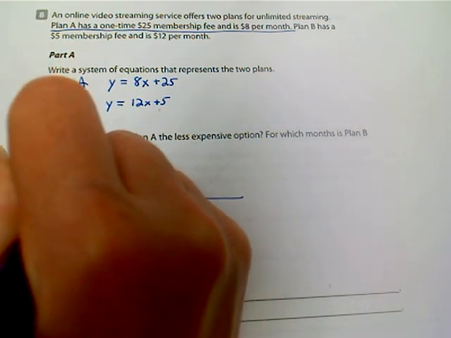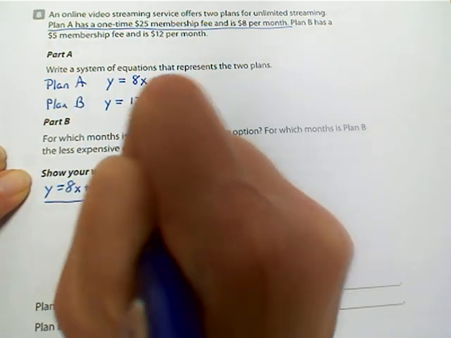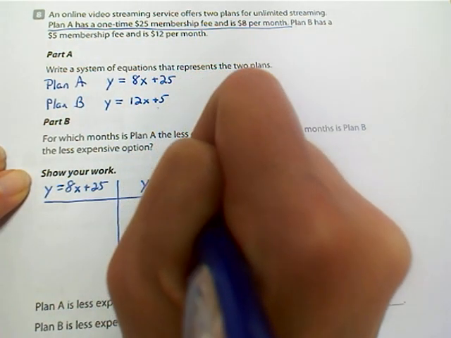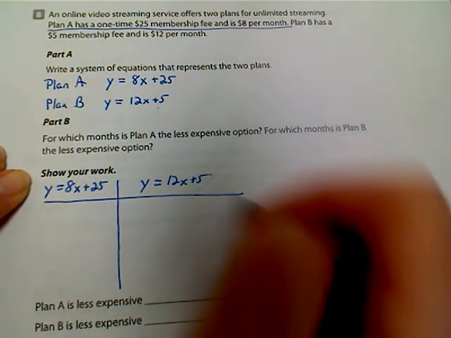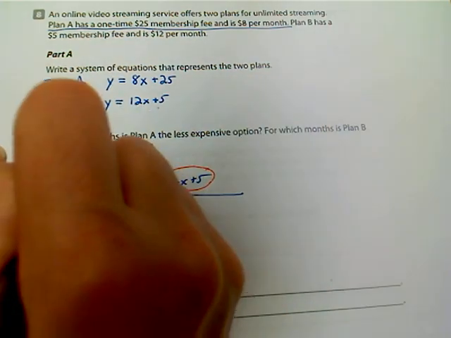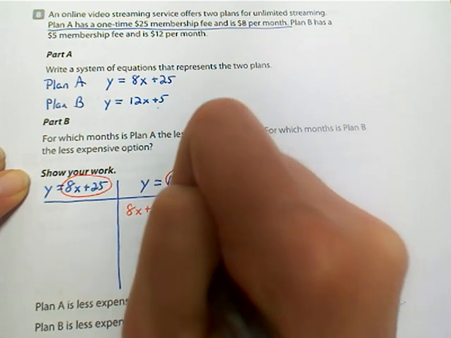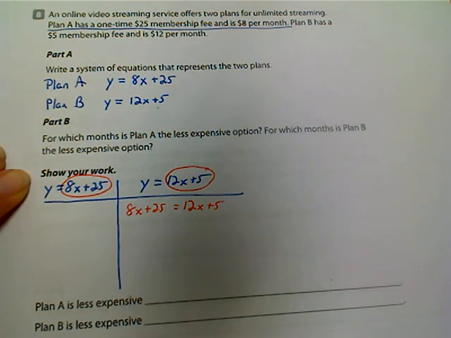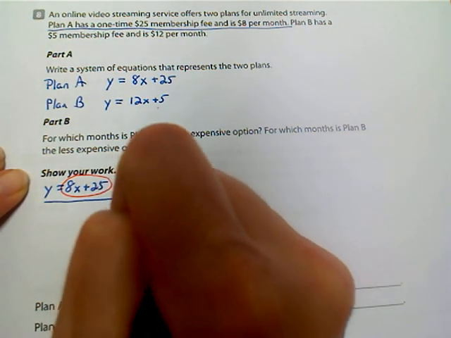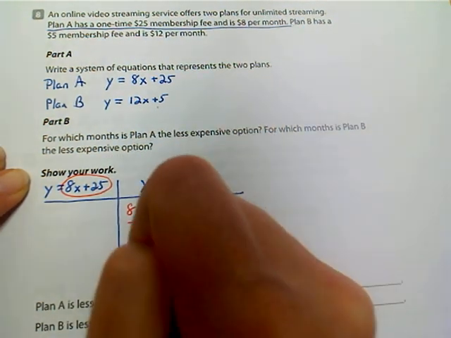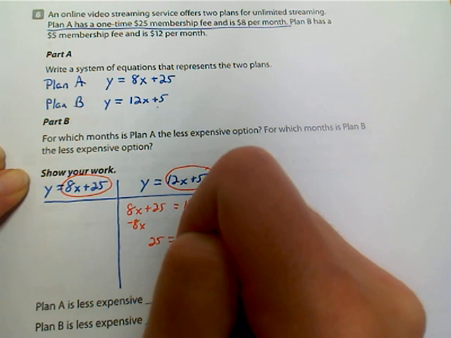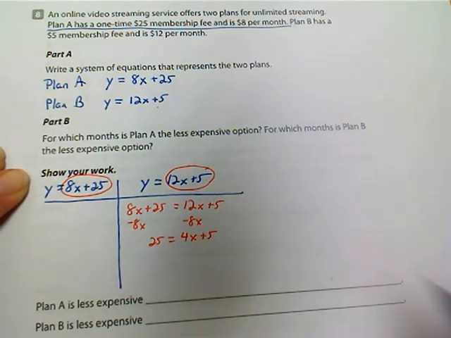y equals 8x plus 25. y equals 12x plus 5. Drop the y's and solve for x. So 8x plus 25 equals 12x plus 5. Subtract 8x from both sides. 25 equals 4x plus 5.